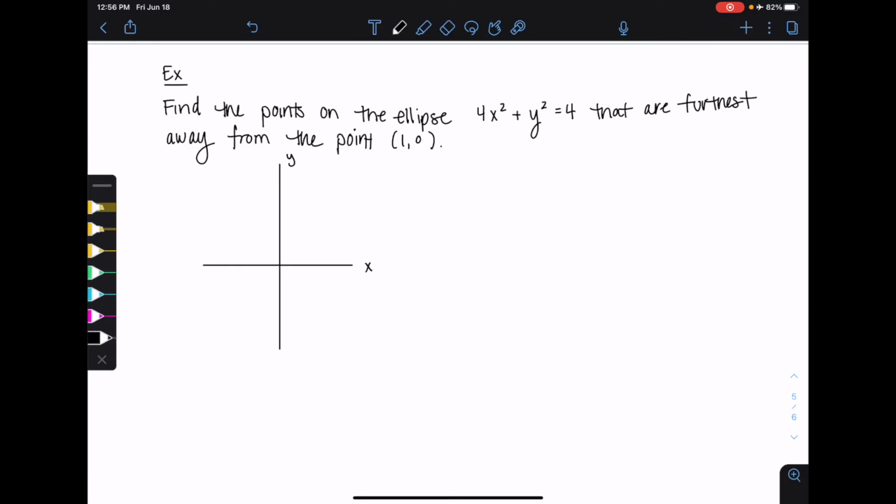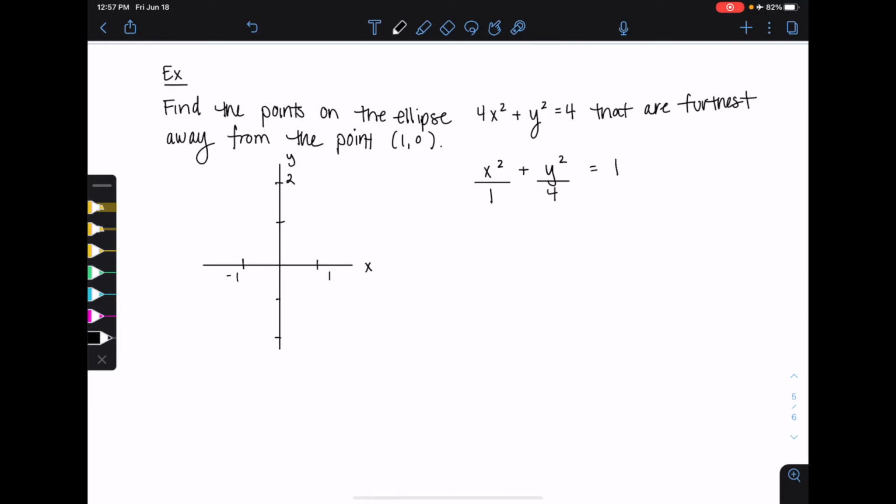If you remember anything about your ellipses, you need a 1 on this side, so everything has to be divided by 4, which means the 4 in front of the x would cancel. And what this tells you is how far in the x and y direction you go. So 1 is under x. I'm going to go 1 in the x direction. 4 is under y. Remember, you're going a square root.